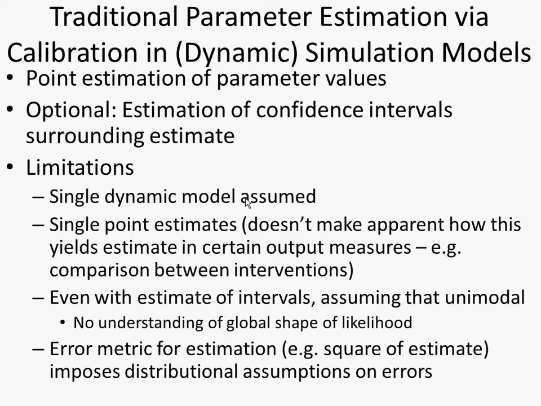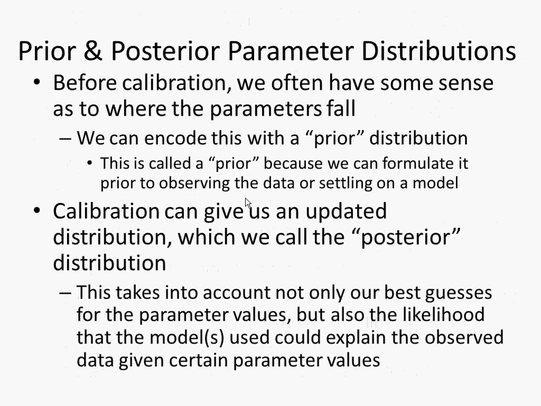So what a growing number of people, including ourselves, are applying here is putting aside a classic calibration context and instead trying to arrive at a distribution of possible parameter values. The idea is that we try to arrive at what's called a posterior distribution.